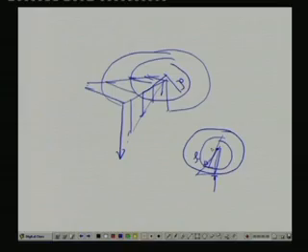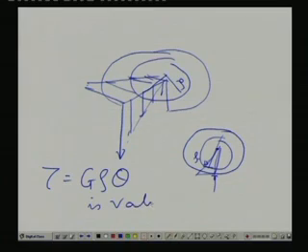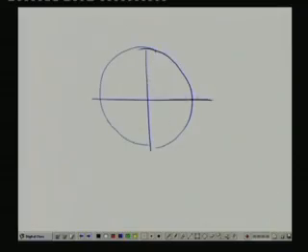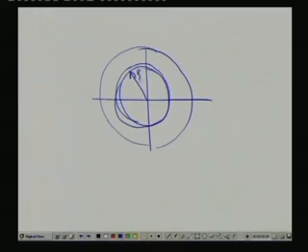Then also tau equals G rho theta is valid. This is a generalized way of writing it. Then, if we see from the top view, this is your rho, and this area we are considering is dA.